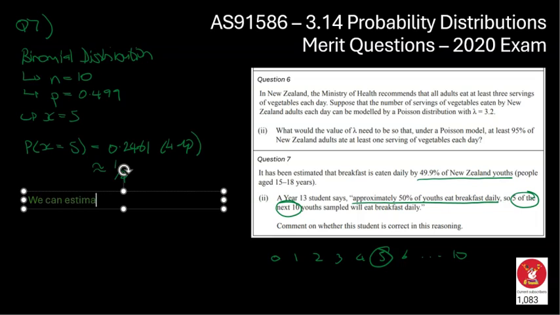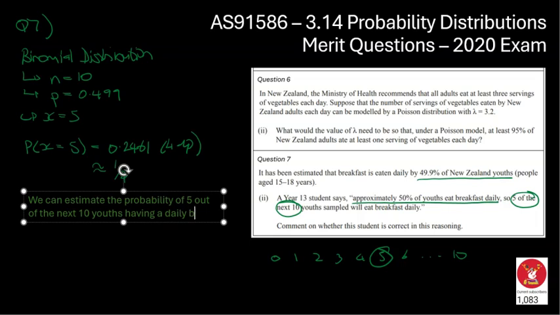So we can estimate the probability of 5 out of the next 10 youths having a daily breakfast to be 0.2461, or roughly 1/4.